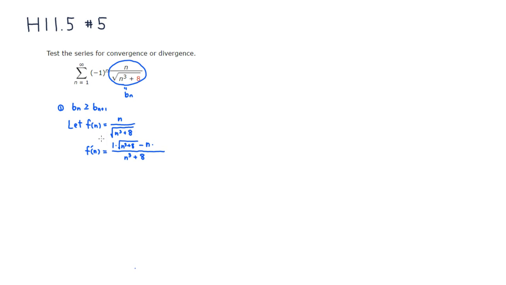So the square root is a 1/2 power, so put 1/2 in front. Keep the same inside function, n cubed plus 8. Subtract 1 from the power, so negative 1/2. Then multiply by the derivative inside, which is 3n squared.